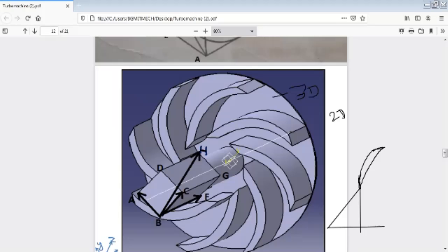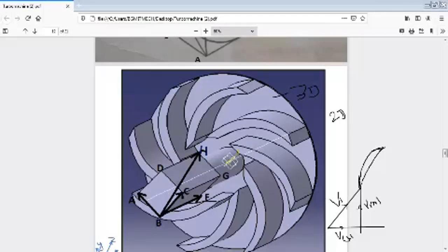See, V1, VM1 and V1. Now these three velocities, okay, only two velocity components I considered of this absolute velocity V1.